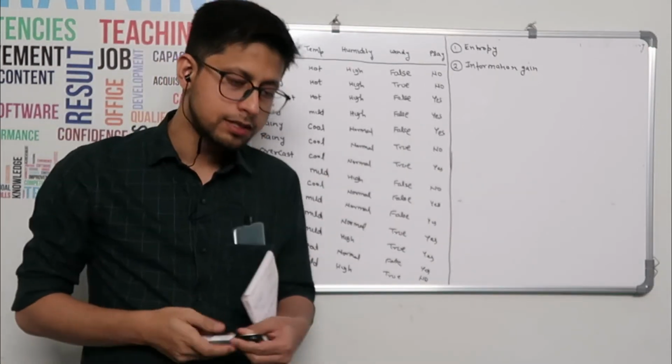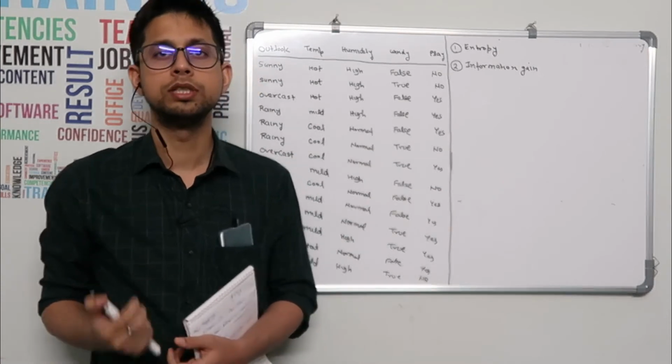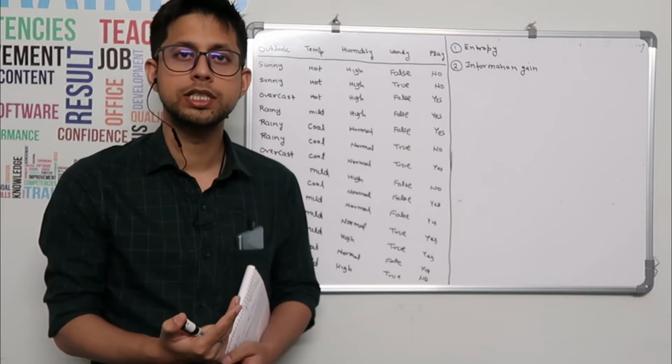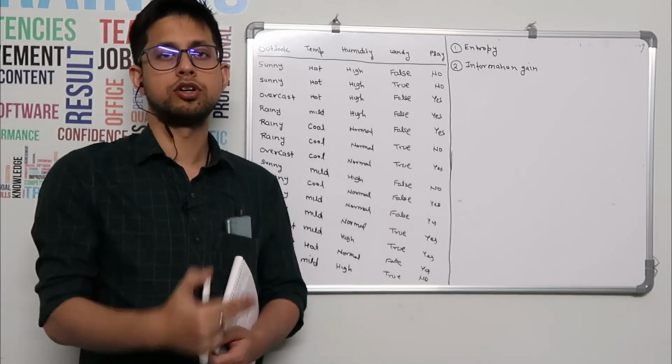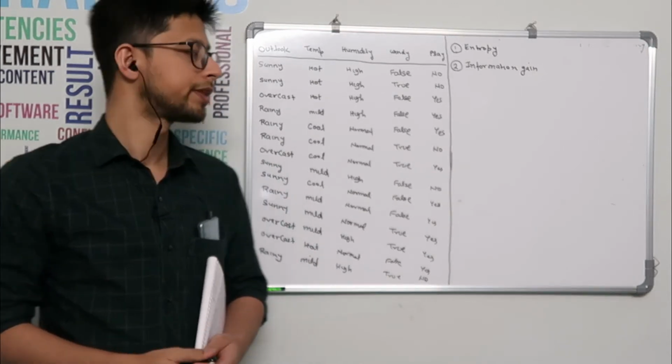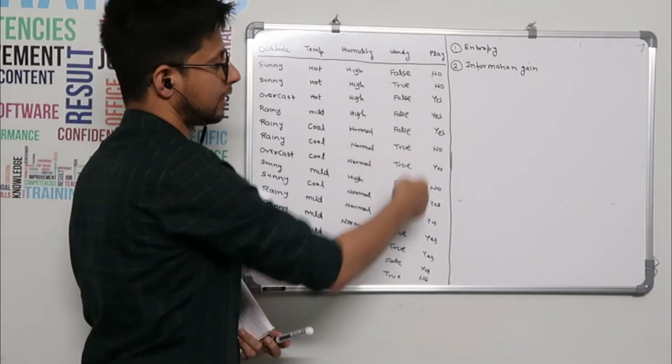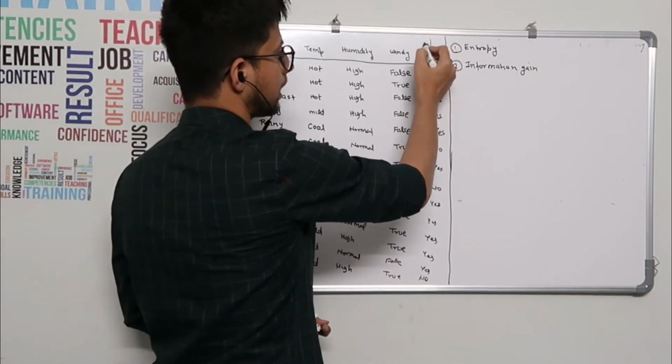Entropy is nothing but it tells about the homogeneity of your data, whether your data is homogeneous with respect to the target class or heterogeneous. We check this homogeneous nature of your data set with respect to the target class, and here play is our target class.